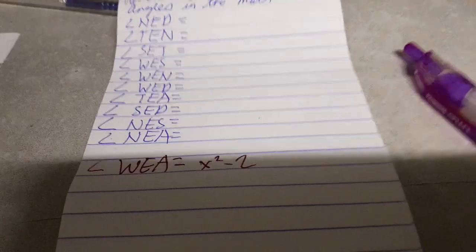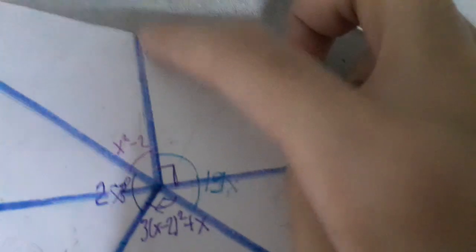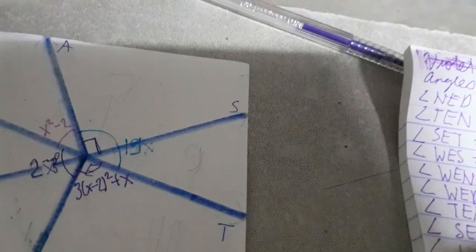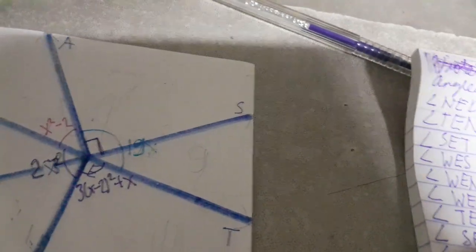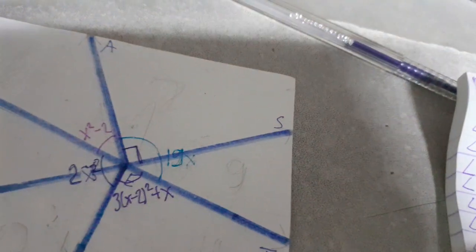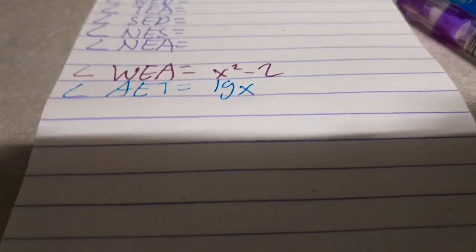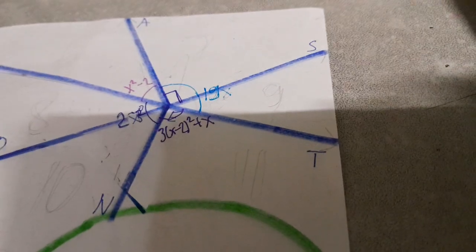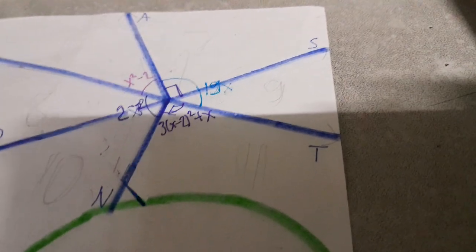Okay? Next, we go to the third angle. Next, it says here, angle AET. Follow the light blue, and the light blue is 19x. So angle AET measures 19x degrees. Okay? So far, so good. Now we already got the second one. Next, for the third one, we have angle TEN, or NET.